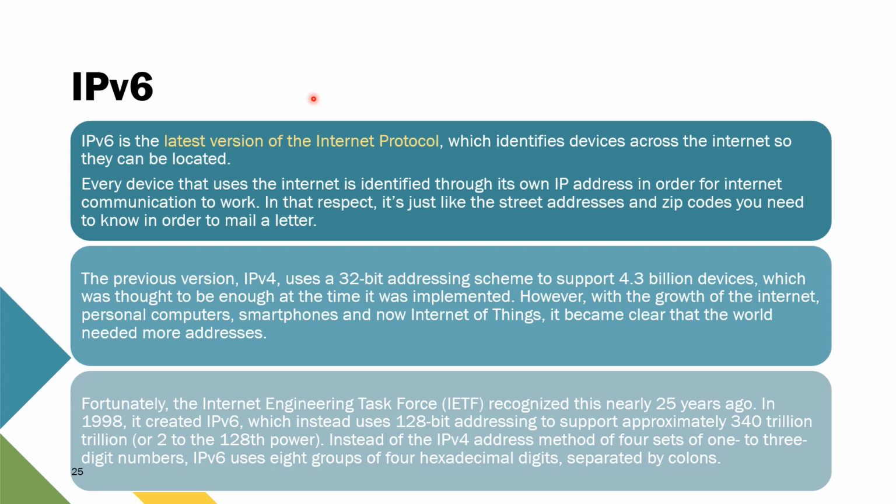Instead of using 32 bits of address, it uses 128-bit addressing in order to support the increasing number of addresses. Okay, so it can go up to 340 trillion addresses for us to use.